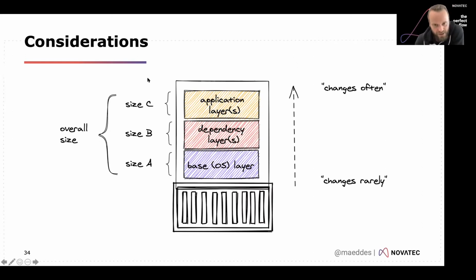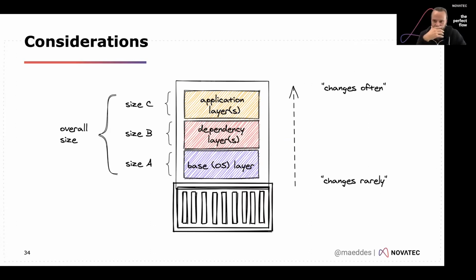Now, going back to this, we have learned that an image consists of individual layers, and they are basically put on top of each other. And by the nature of things, the top layer, the layer where we put our application artifact inside, should be the one that changes more often than the base operating system layer, which probably shouldn't change that much.